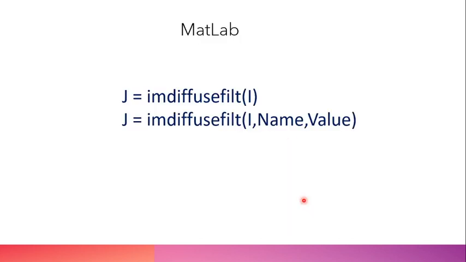For example, why not directly use a function, means already we have the imdiffusefilt in MATLAB. It is anisotropic, it is already a built-in function. We don't know how many iterations are inside, we don't know the k value, but inside the function they described it.